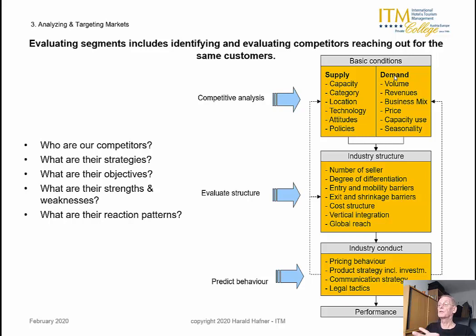Of course, the cost structure is an important feature, the vertical integration and its global reach. And finally, we want to find out how customers behave and how the industry conducts itself with regard to pricing behavior, product strategy, communication strategy, and legal tactics.